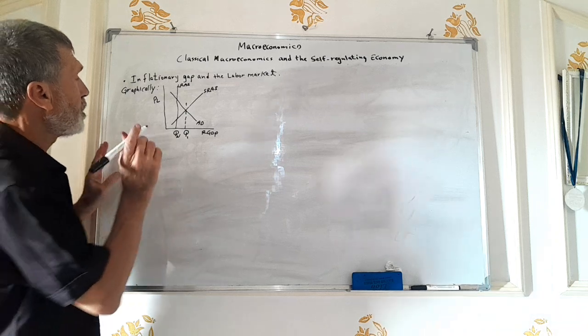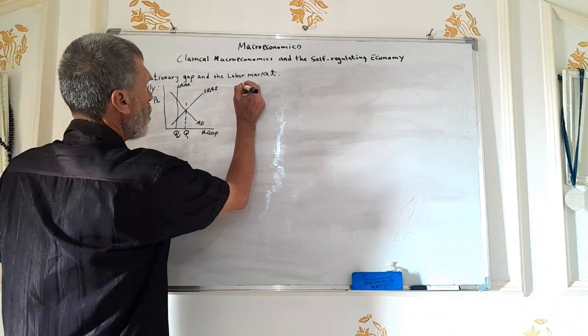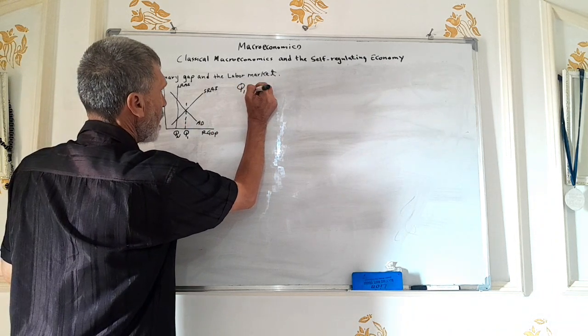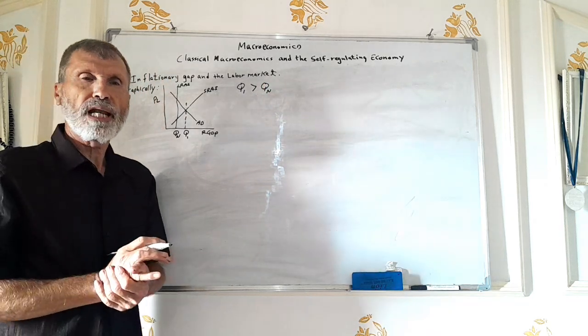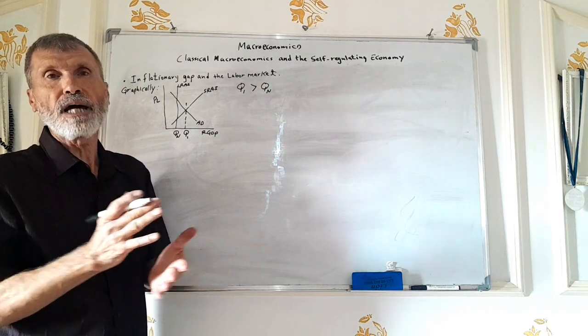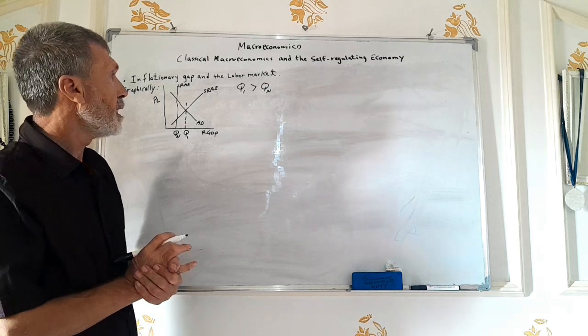Now, as you can see here, Q1 is greater than Qn. The economy is producing a level of real GDP that is greater than natural GDP.